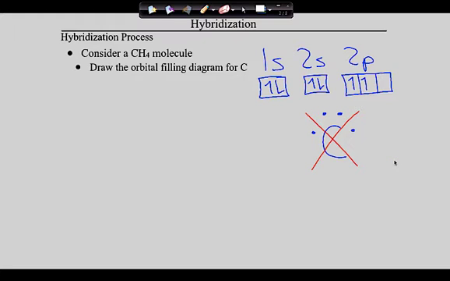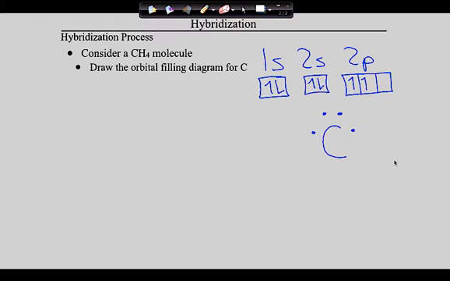So guys, allow me to give you hybridization in a nutshell. Here's the deal. When carbon and other atoms, not including hydrogen, form covalent bonds, their s orbitals do not form bonds, and their p orbitals do not form bonds.